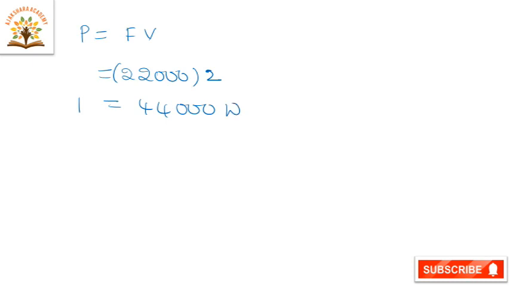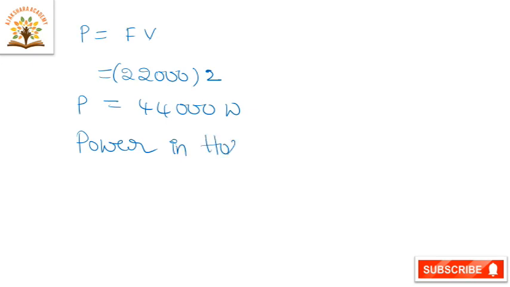Now we are calculating power. P is equals to F into V. F we are getting 22,000 into V given as 2, so 44,000 watts. Now we are calculating power in horsepower units.